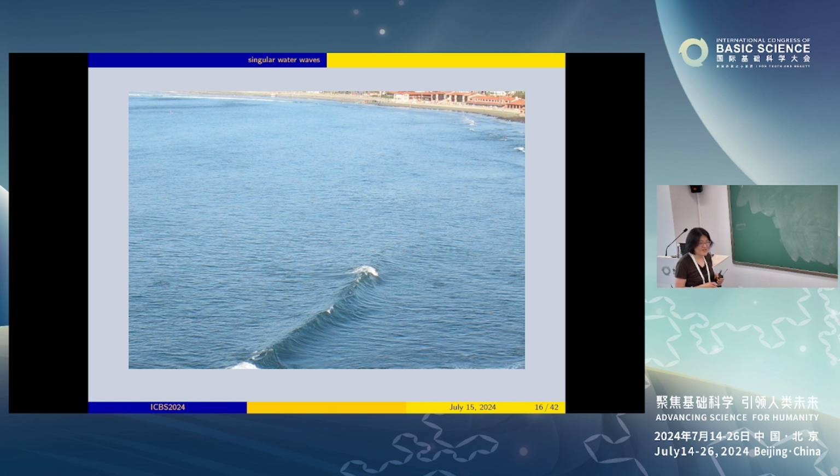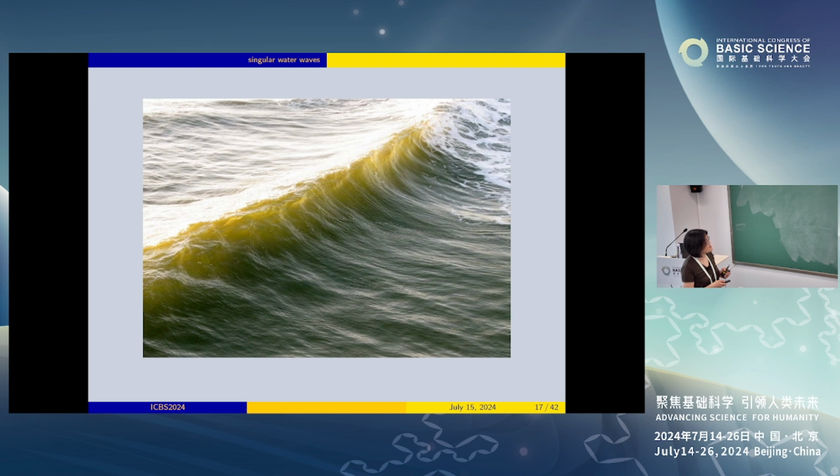I don't surf, and I didn't believe it myself at the beginning. How come the wave is concave up on both sides? But a surfer said, of course they are concave up on both sides. And this one is from the internet: waves concave up on both sides, and then there's a kink.